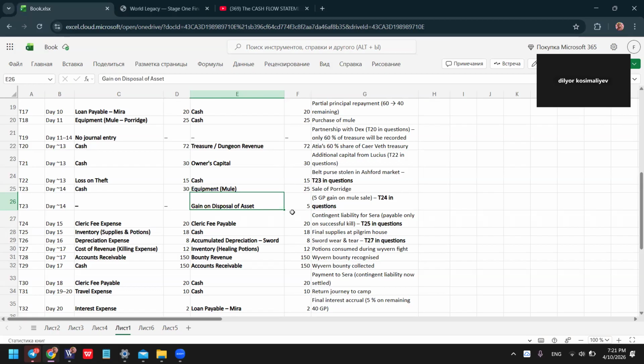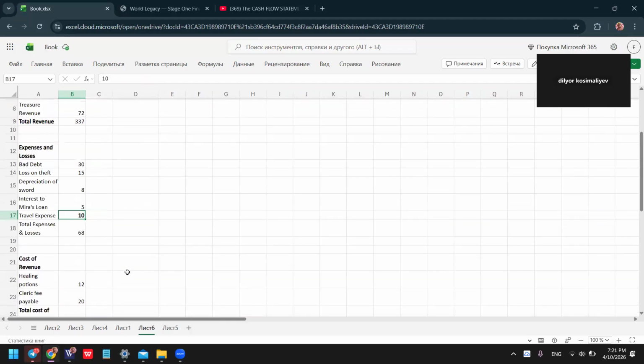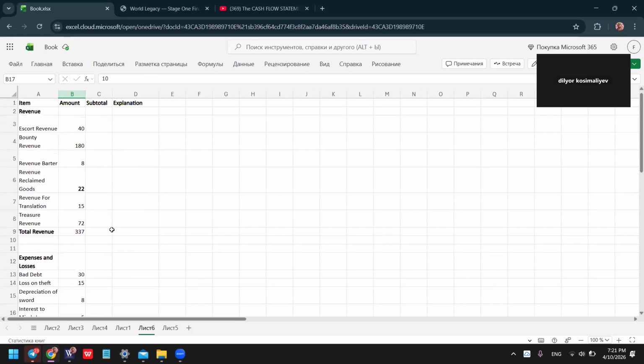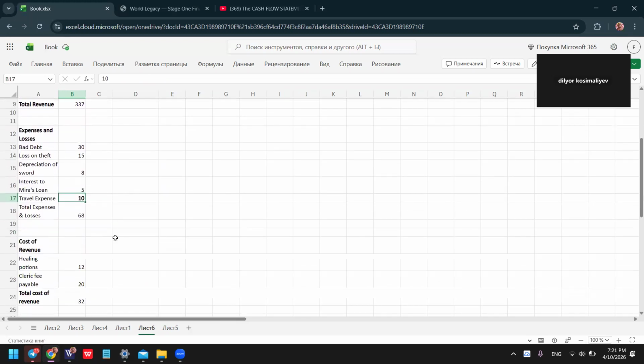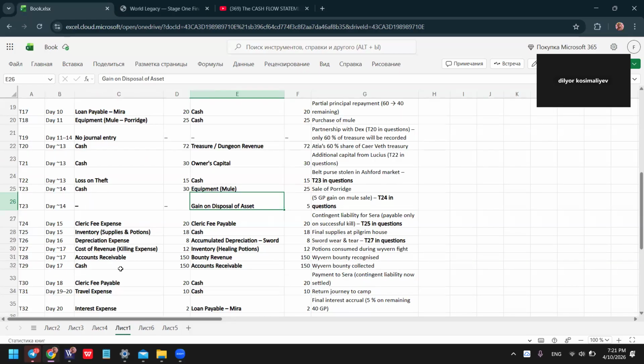So we should not count it because we already counted this 25 as 30 in our income statement. Not in income statement, I guess. Yeah. Here, as a cash, it's counted as 30, that's why.